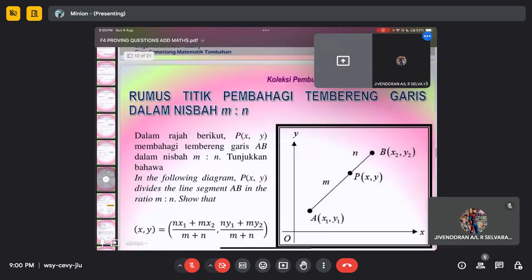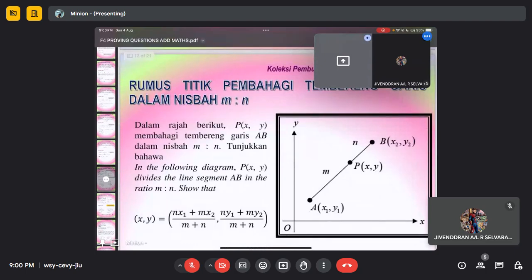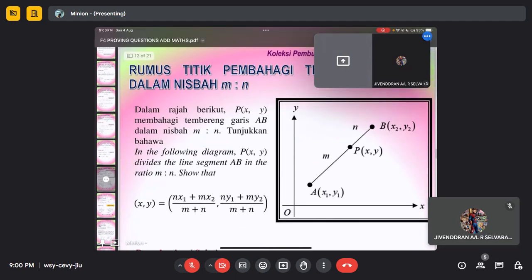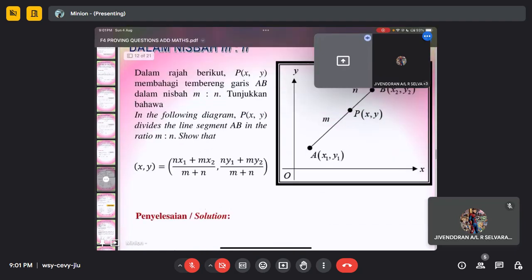In the following diagram, P(x, y) divides the line segment AB in the ratio m:n. Show that the formula for (x, y) is equivalent to (nx1 + mx2)/(m + n), (ny1 + my2)/(m + n).